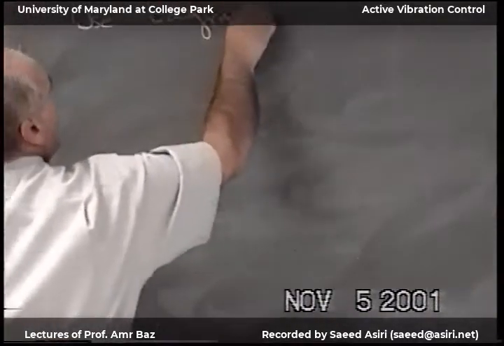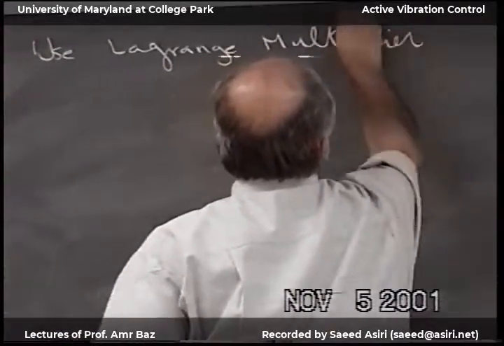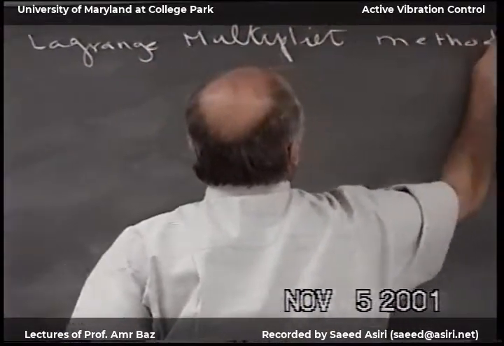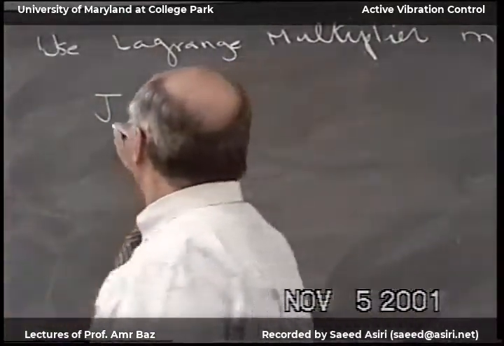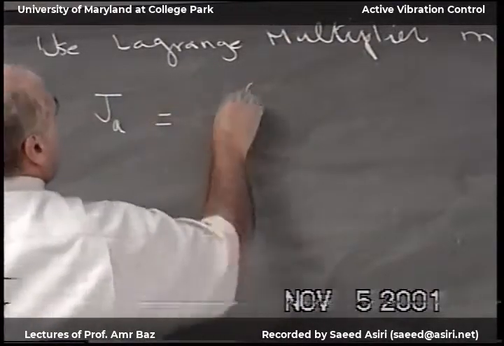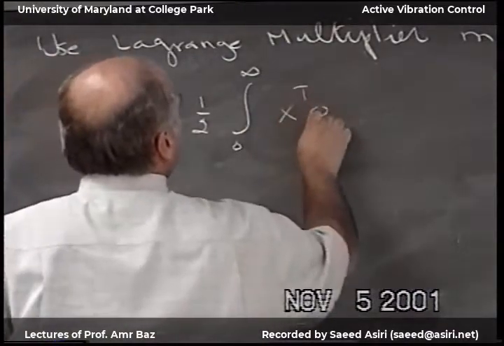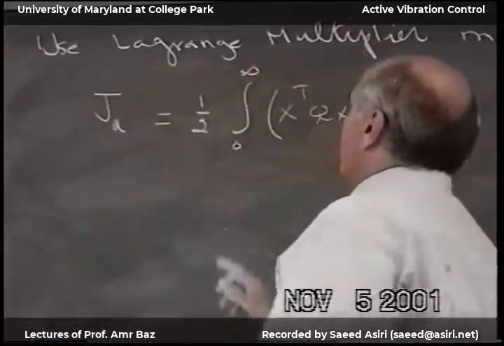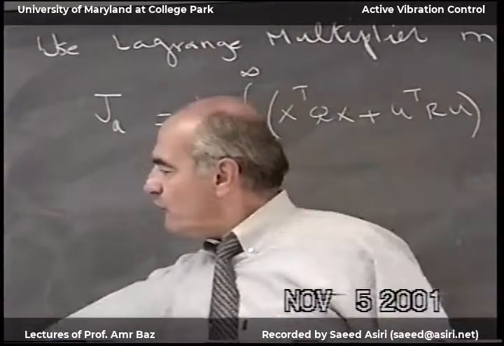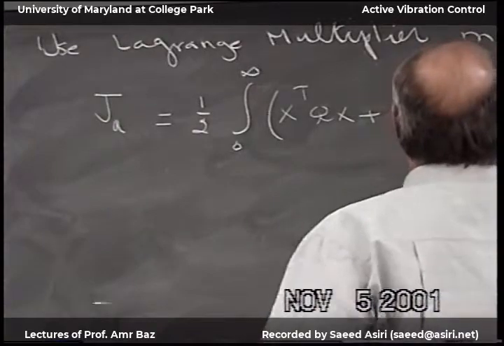Now let's say we use the Lagrange multiplier method. Then my J is no longer this J, and I have to augment it, and I call it J_A, with 1/2, and then I'll have here X. And I put 1/2 here, and I have to augment it with the equation of motion, and I'll augment it by twice lambda.